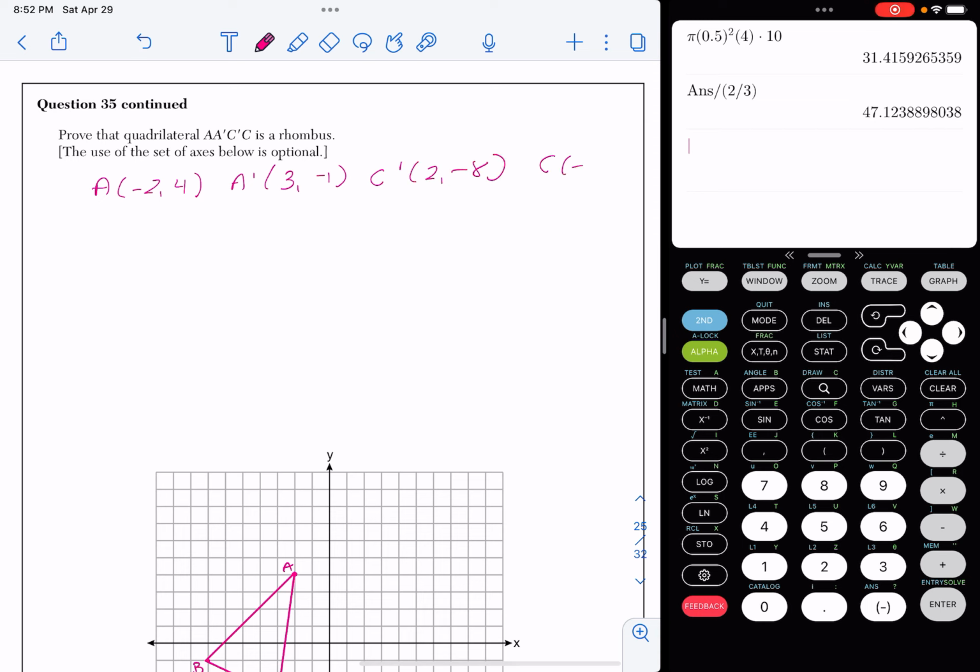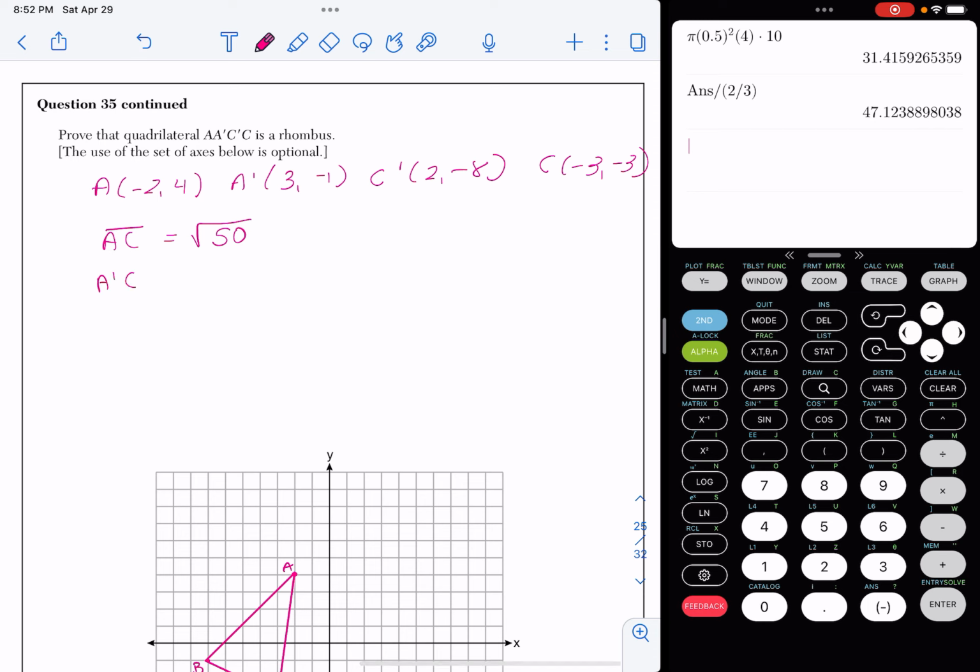And C, given to us, is -3, -3. Okay. In order for a quadrilateral to be a rhombus, all 4 sides have to be congruent to one another. We already know that AC is radical 50 because we found that in the first part of the problem, so it's not necessary to repeat that. So let's find the others.